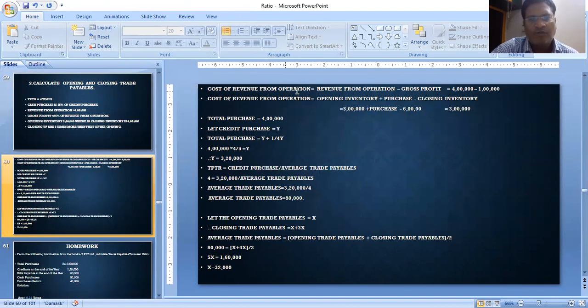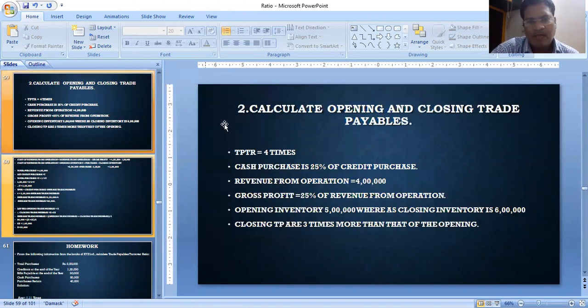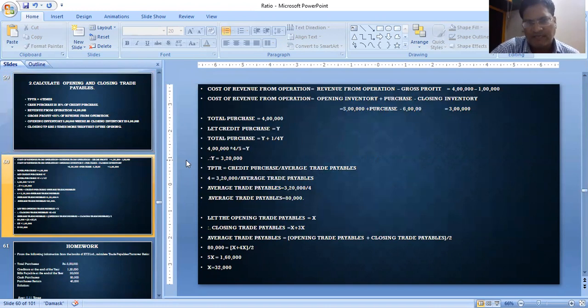First of all, cost of revenue from operation is revenue from operation minus gross profit. Revenue from operation is 4 lakhs minus gross profit, 25% of revenue from operation, that is 1 lakh. That is 3 lakhs, which will become the cost of revenue from operation.